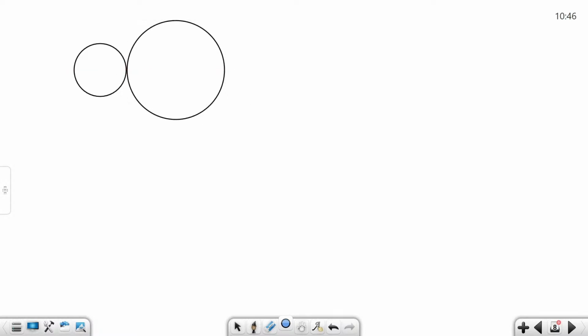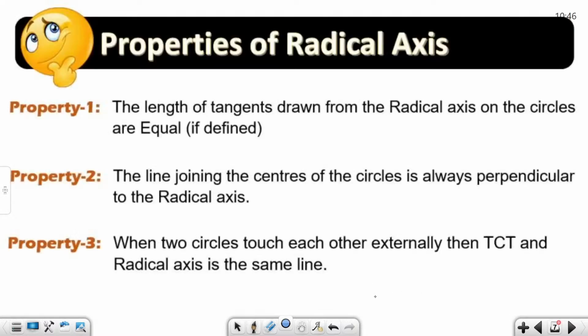These are the two circles which are touching each other externally. Now, what does the property say? The property says that when two circles touch each other externally, then the transverse common tangent and the radical axis are the same line.